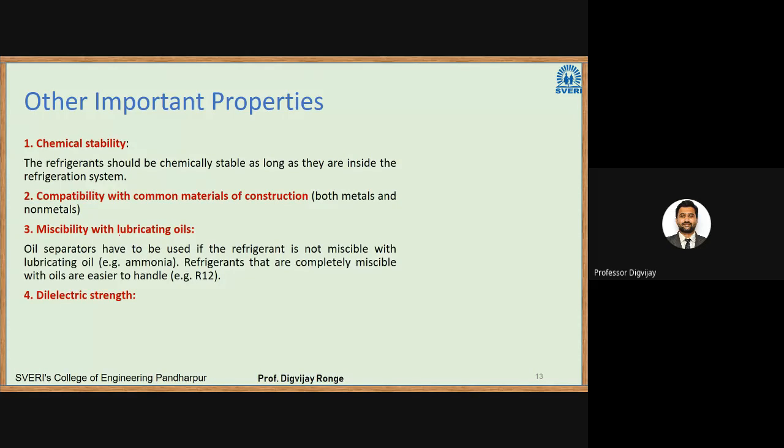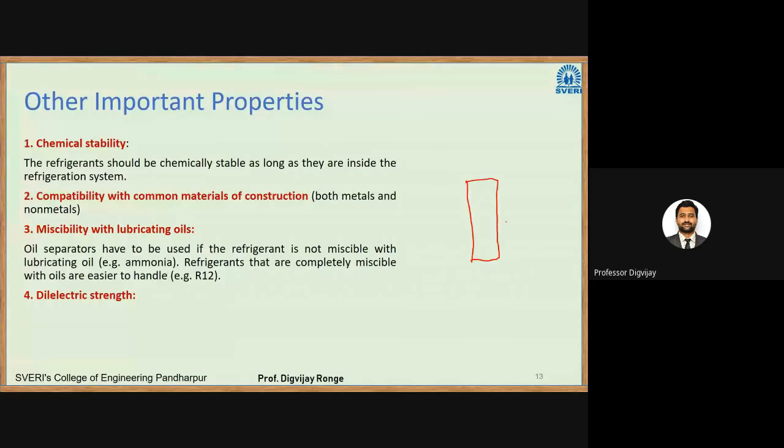Fourth is dielectric strength. This is a very interesting concept. It is related to insulators. You have not studied this principle in HMT. You might have studied critical thickness, but dielectric strength is something different.